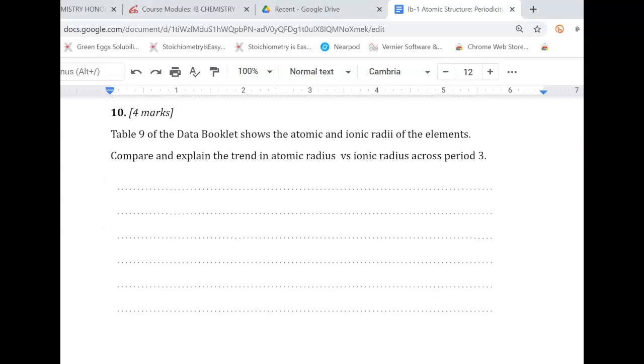Okay. This next part, we had to explain the trend in atomic radius and compare it to that of ionic radius. So compare and explain the trends.